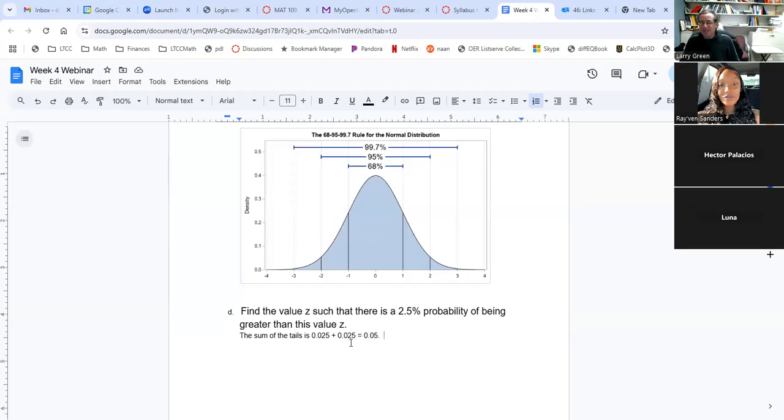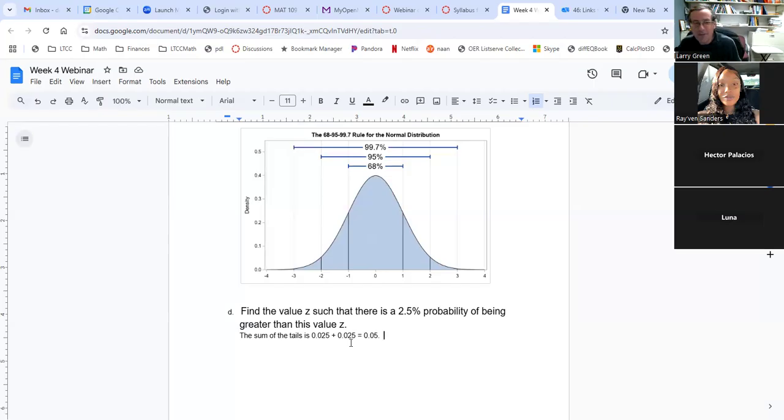I see y'all jumping in. It's kind of like if you're being in the tails means you lost. There's a 5% chance of losing. What's the chance of winning? If there's a 5% chance of losing, then 100% minus 5% is 95%.